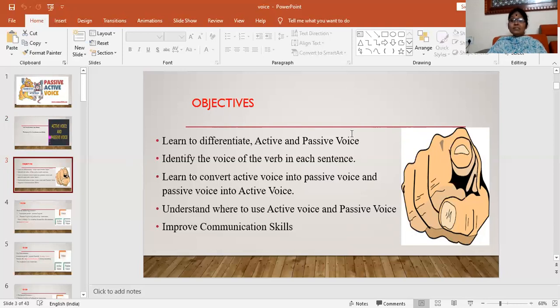So with this objective in our mind, I will take you for the next few minutes through what is active voice, what is passive voice, where we should use active voice, where we should use passive voice, how to identify whether a sentence is in active voice or passive voice, and how to convert active into passive and passive into active.